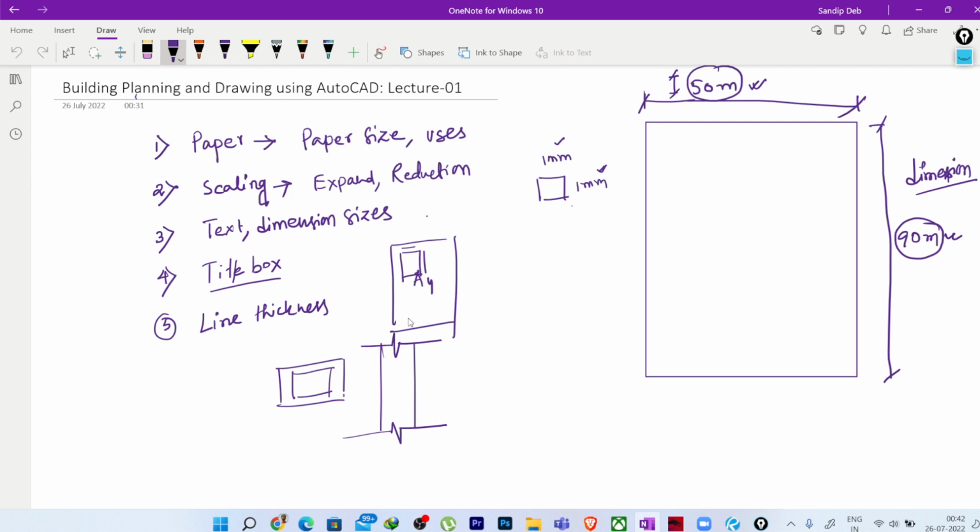Then there are different line types, line thickness and types. We have dashed lines like this, dashed and dot lines like this, continuous lines like this, dotted lines like this, and zigzag lines like this.